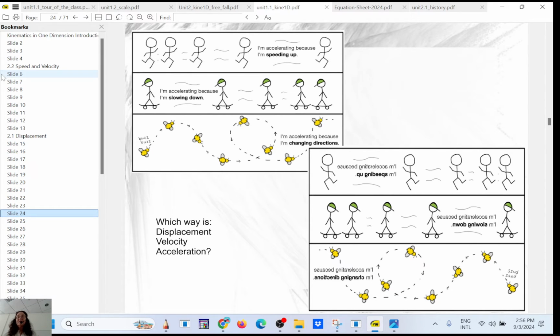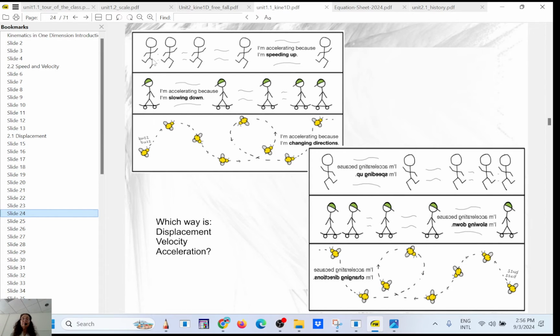So let's take an example here. So displacement, check that. Initial position, final position. The displacement will be this vector here. It will be positive. What about velocity? So we say positive is to the right, negative is to the left.